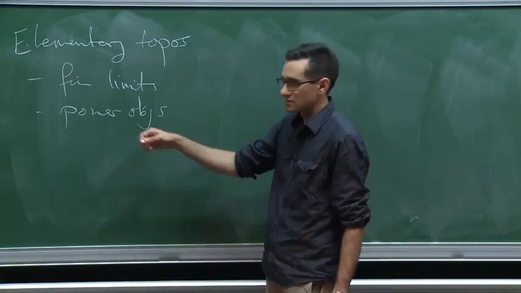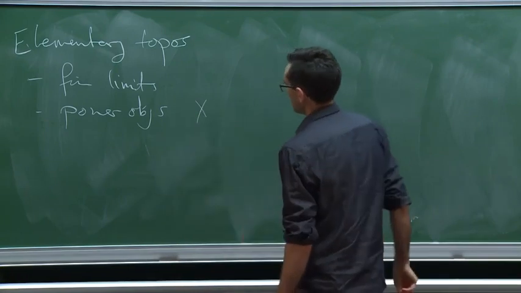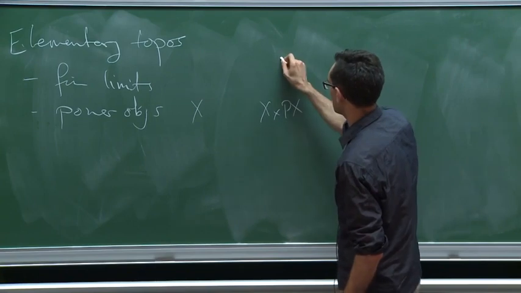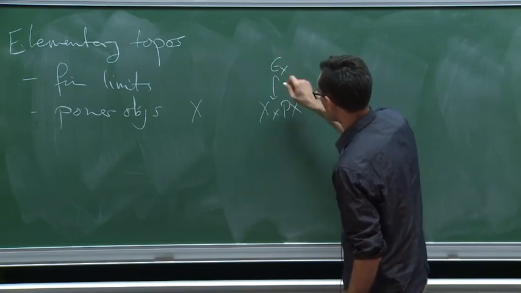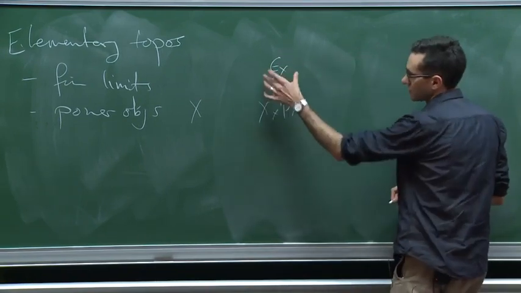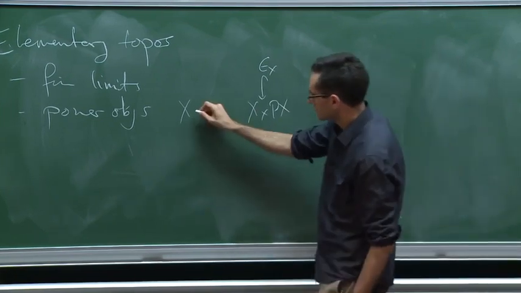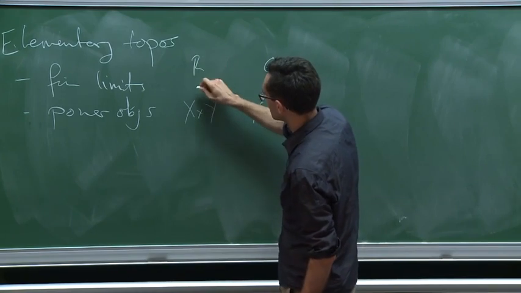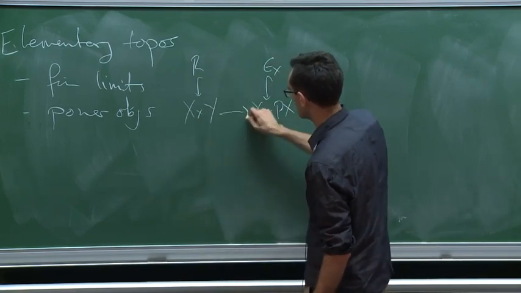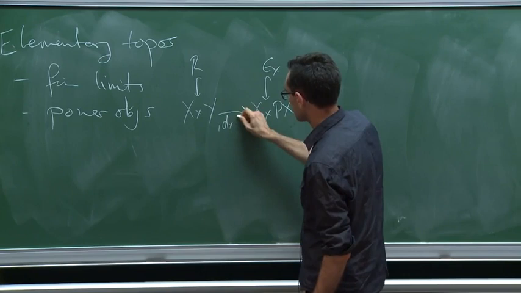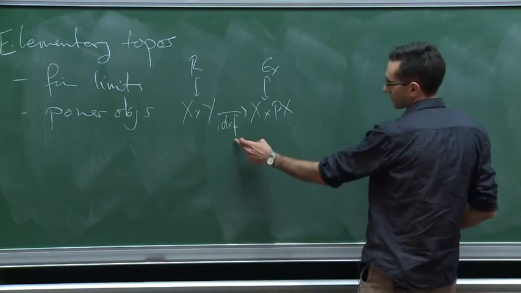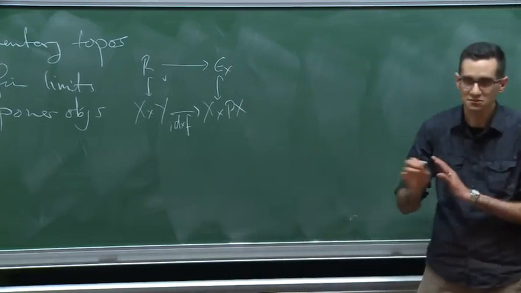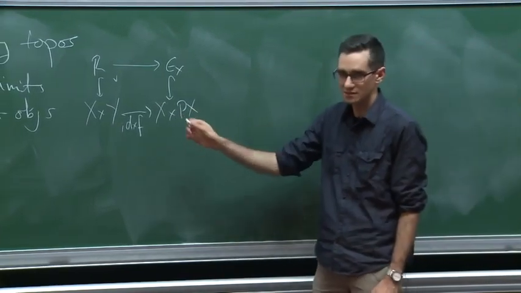So this is saying, for all objects x, I have another object Px, and a relation from x to Px, such that for any other object y and relation from x to y, there's a unique map f such that this square is a pullback. So all the magic happens from this. It's just incredible.